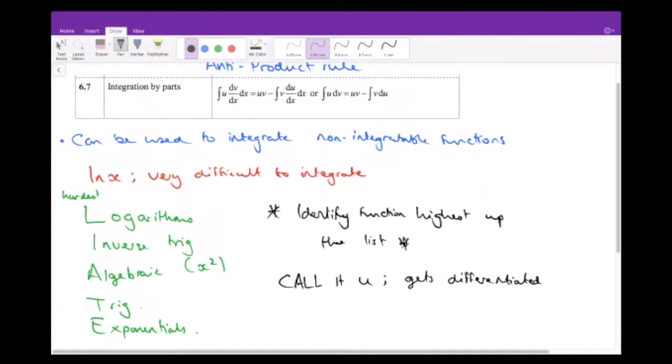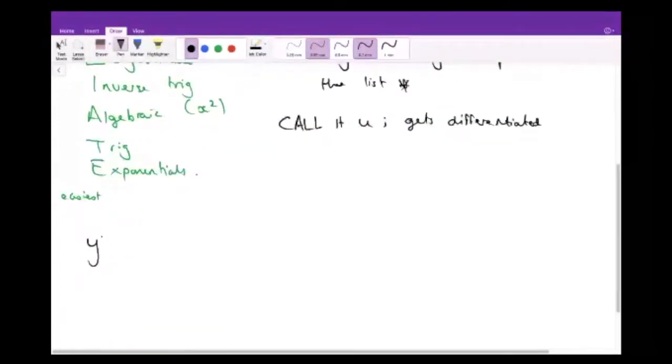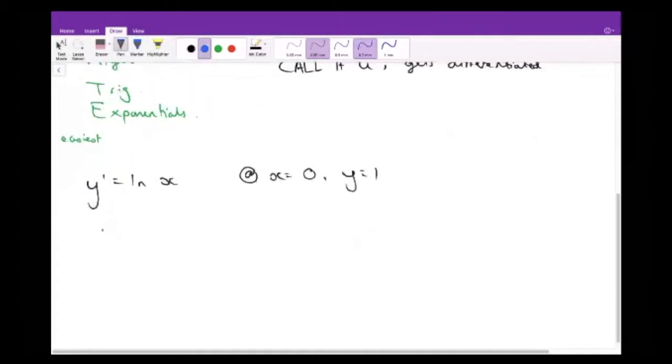A simple y dash equals ln x, and I know that at x equals 0, y equals 1. So this is just a new skill for integrating. We've now got the integral of ln x dx.